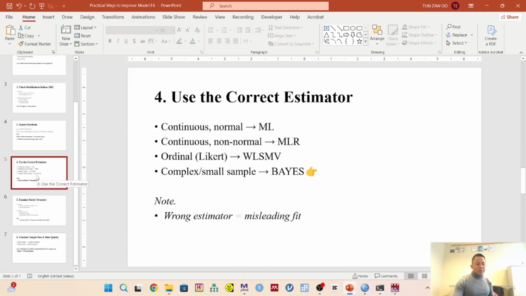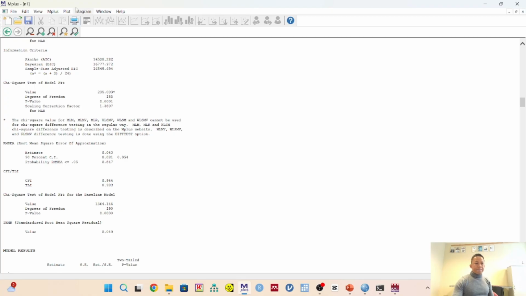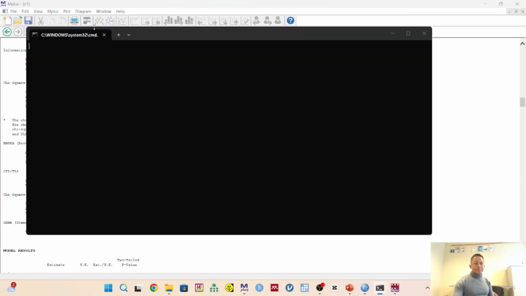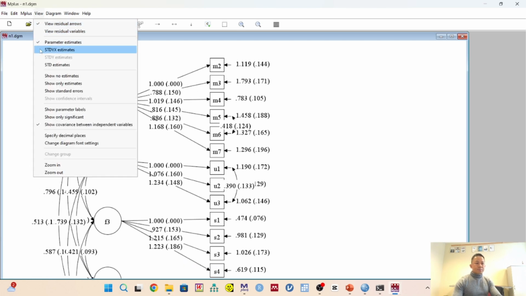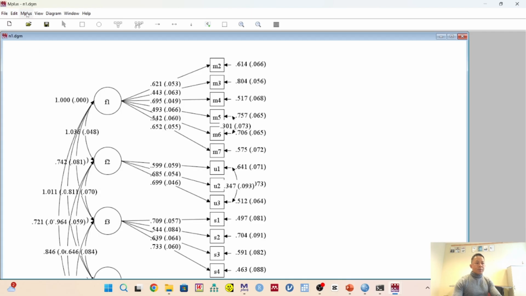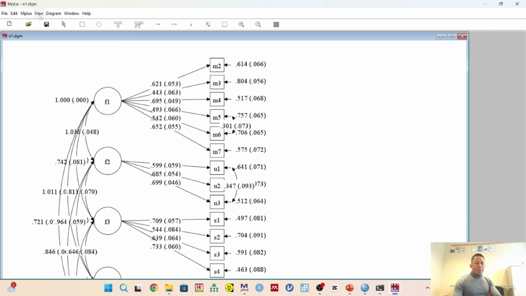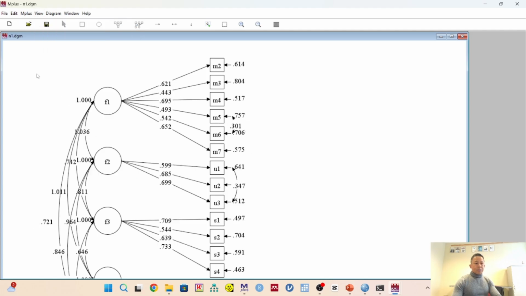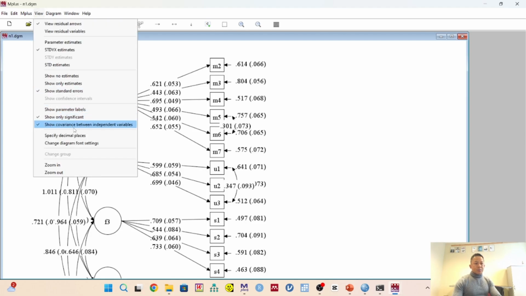The fifth one is factor structure. We should check factor overlap or high correlations, above 1. I will check the model's factor structure. Oh, very high. Estimate. I will use 2 decimals to make it clear.